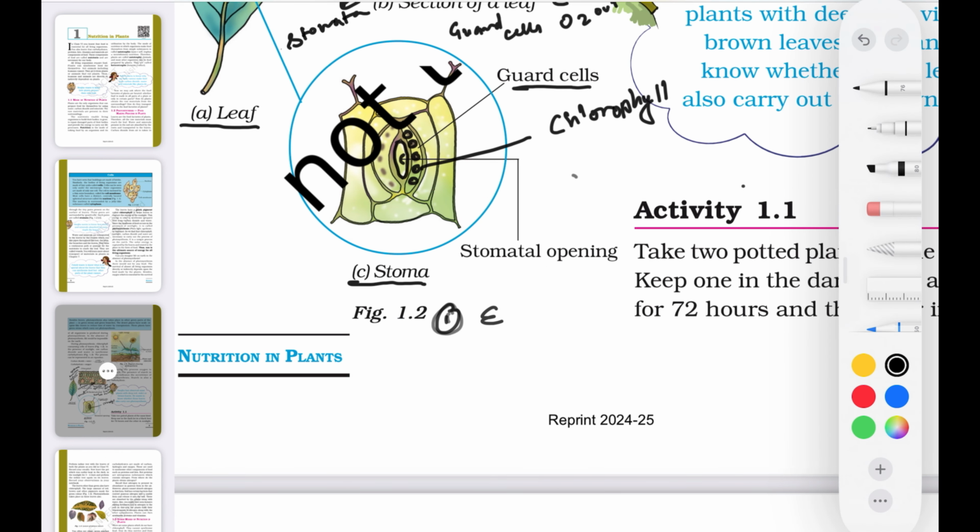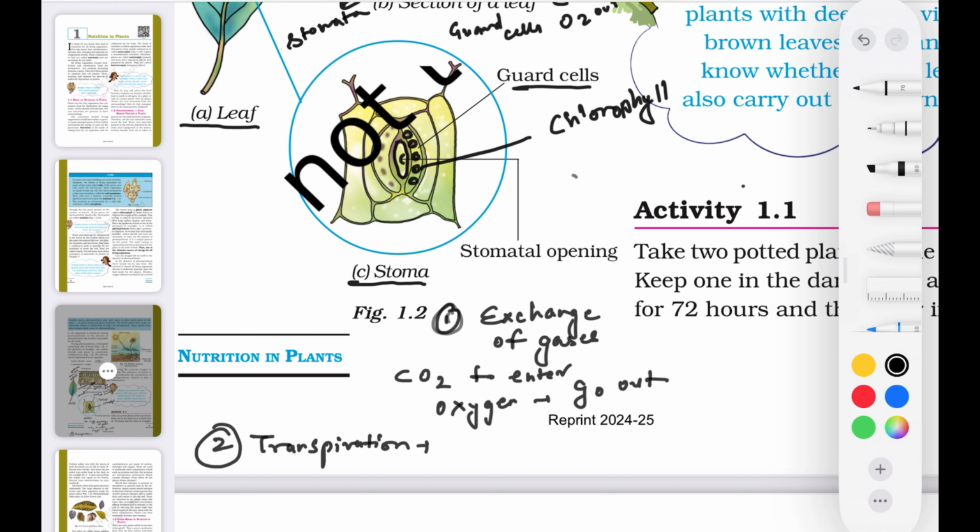So here guard cells are present. Stomata have three basic functions. First one is exchange of gases. They allow carbon dioxide to enter the leaf for photosynthesis and oxygen to go out. Okay. Second important function is transpiration.